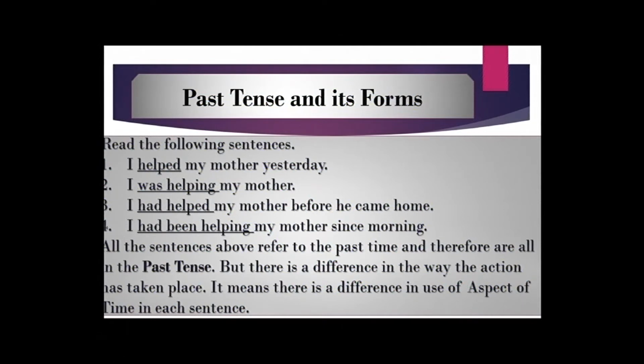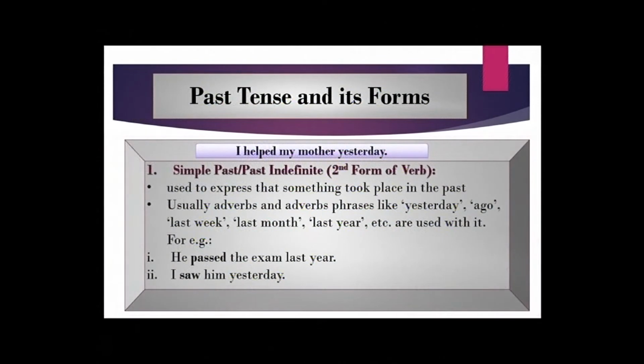Now, we will read about the first aspect of the past tense, that is simple past or past indefinite. In this type of aspect, we use the second form of the verb.